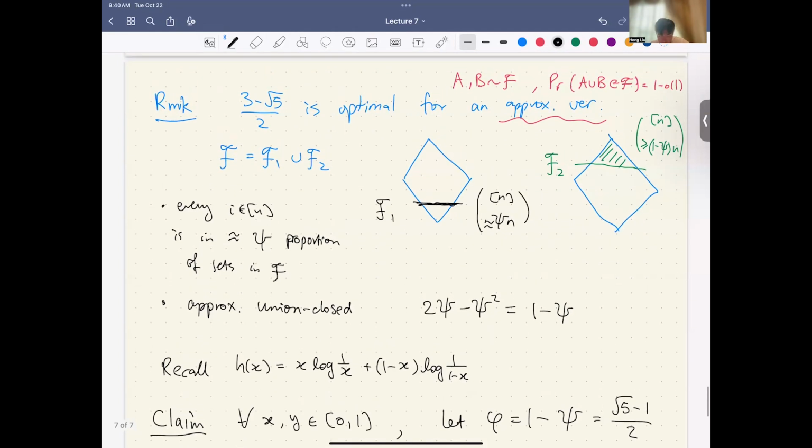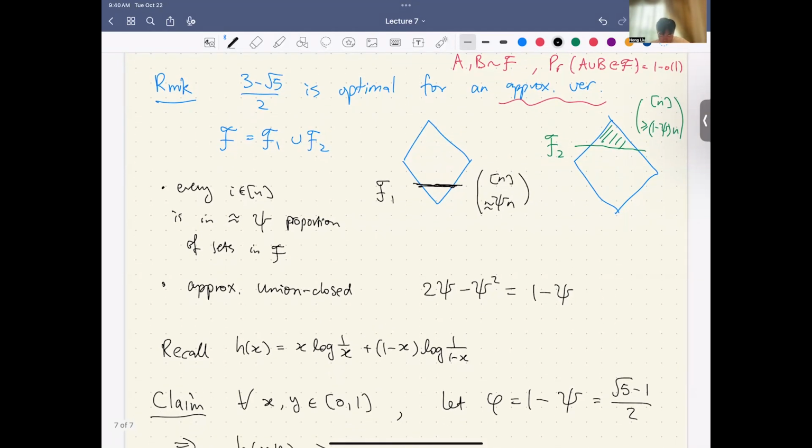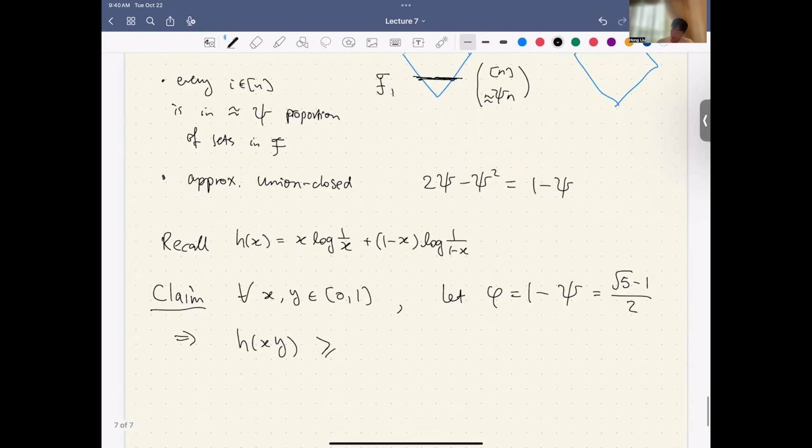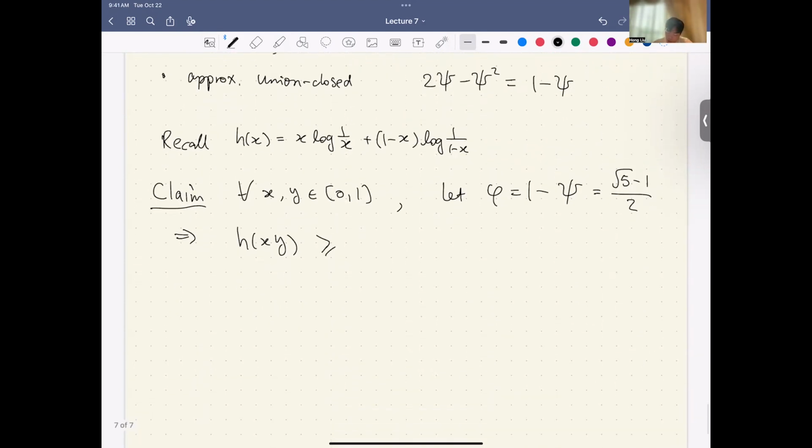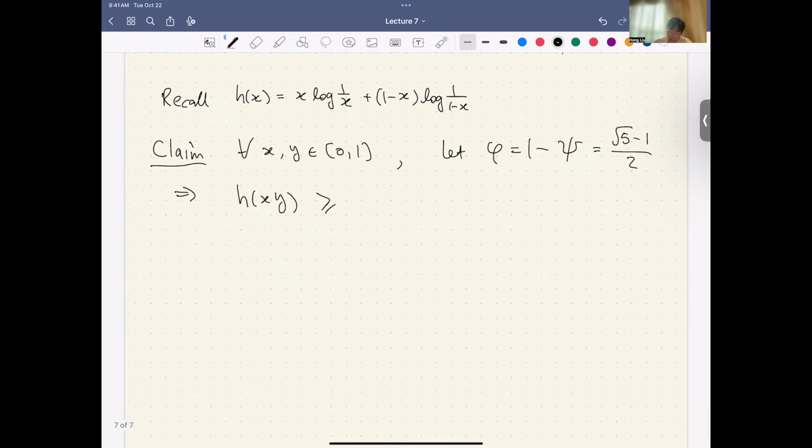So this is a little phi. Now, the entropy function of xy is at least 1 over 2 phi times x times the entropy function of y plus y times the entropy function of x. This is the analytic inequality we will not prove and will use as a black box. Claim 1, let's say.